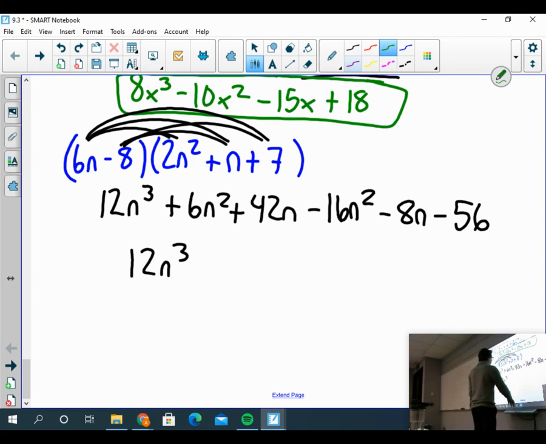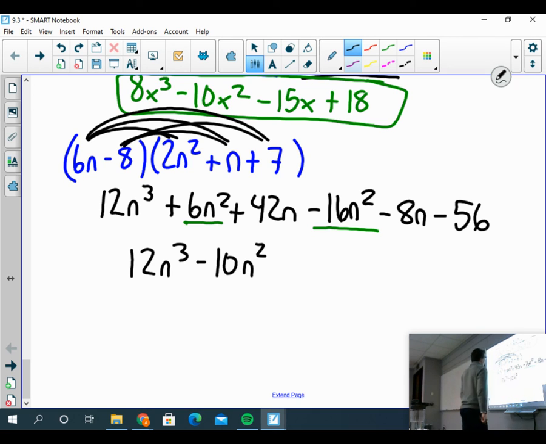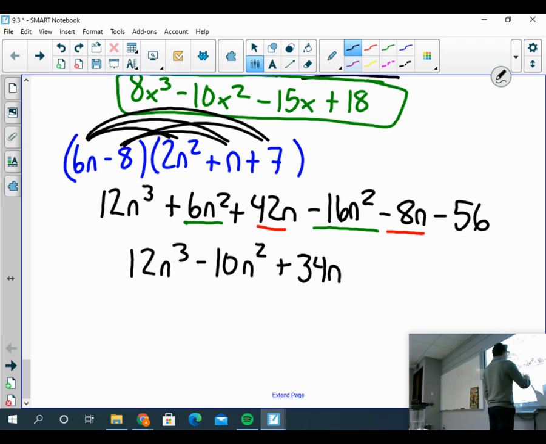We then have a 6n squared and a negative 16n squared, like bases, like exponents. Those will combine to be negative 10n squared. We have a 42n and a minus 8n, which will combine to be plus 34n. And our minus 56 will travel down with us.